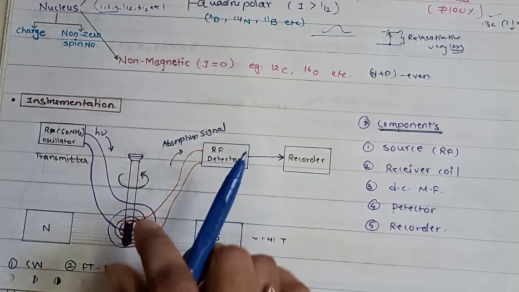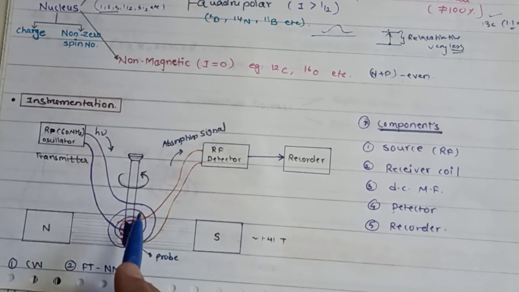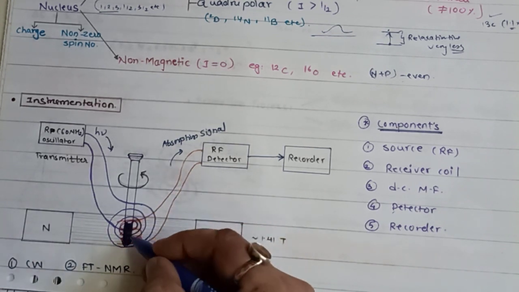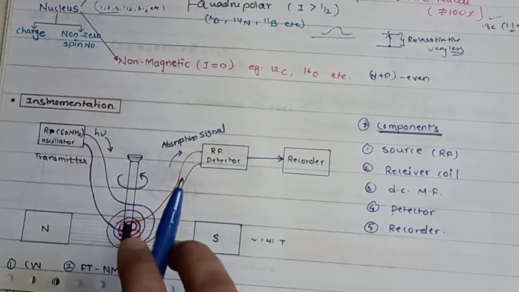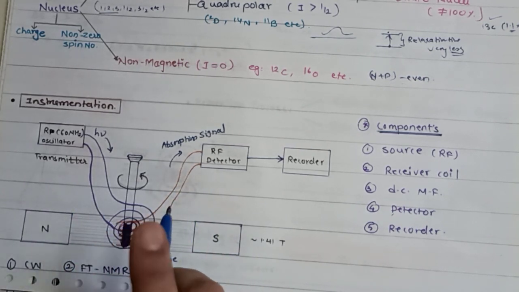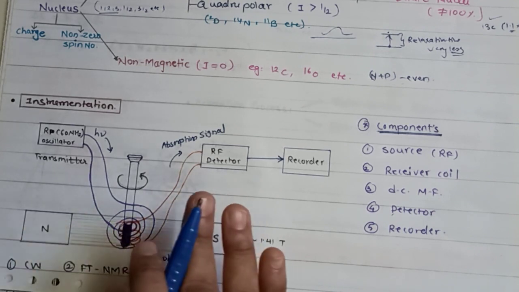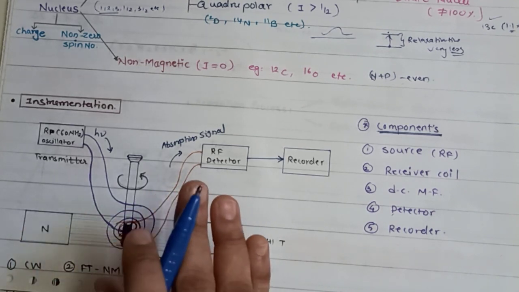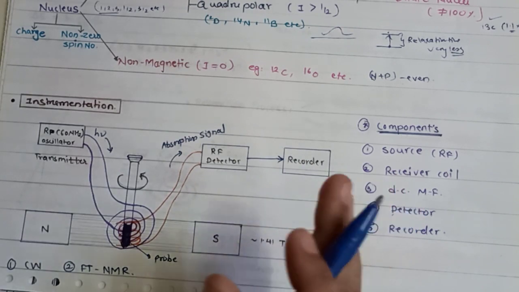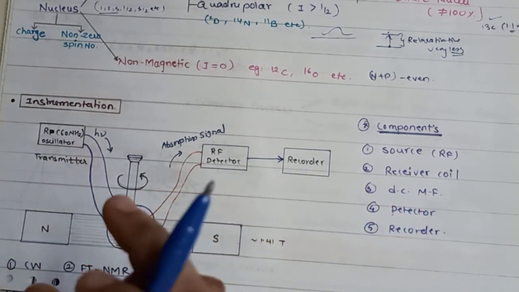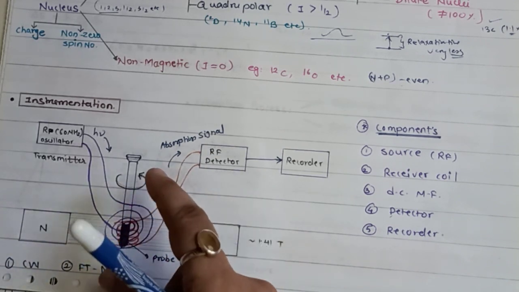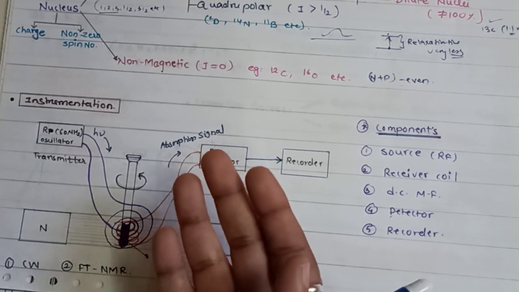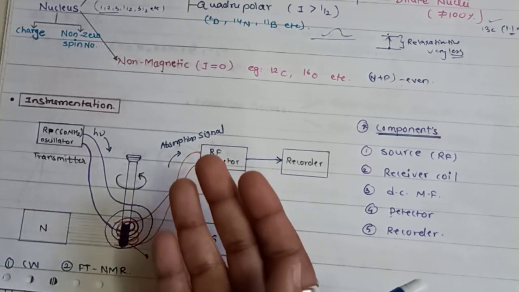Second, the sample volume: how much do we have to take here? So your sample must be prepared up to a certain height, meaning the height we have to take in the NMR sample tube should be 4.5 centimeters to 5.5 centimeters. So a lower sample height in the tube is very difficult to shim and causes considerable delay in recording the spectrum. Whereas if the sample has too much solvent, if I take more solvent in a long height, it is also difficult to shim and a waste of costly solvent.